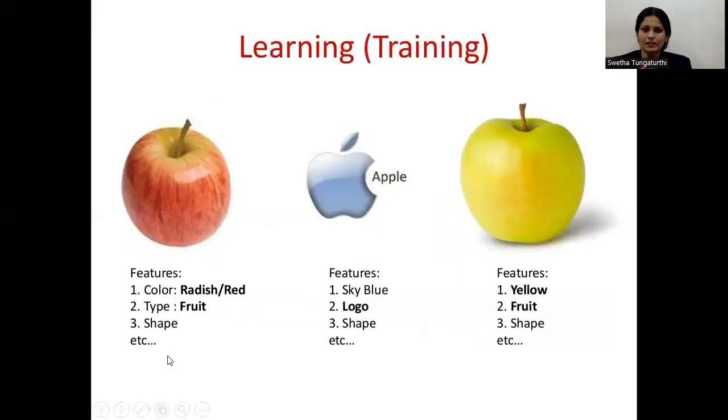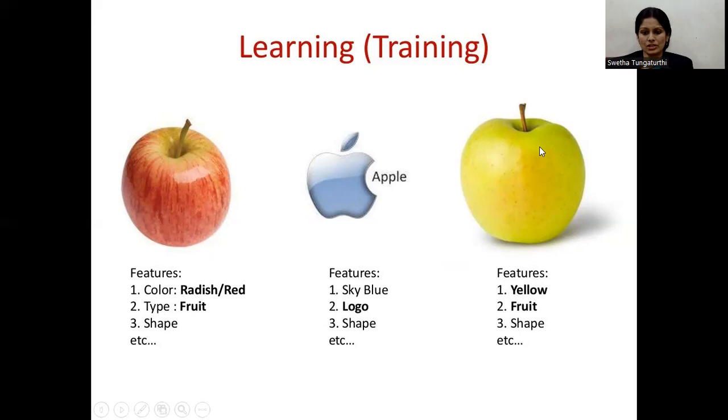An example where learning or training is involved. Suppose we say apple. What do you understand? When you just say apple, everybody has some imagination. A few people will imagine an apple which is red in color and is a type of fruit, with a certain shape. Others can imagine another apple which is yellow in color, and this is also a fruit.